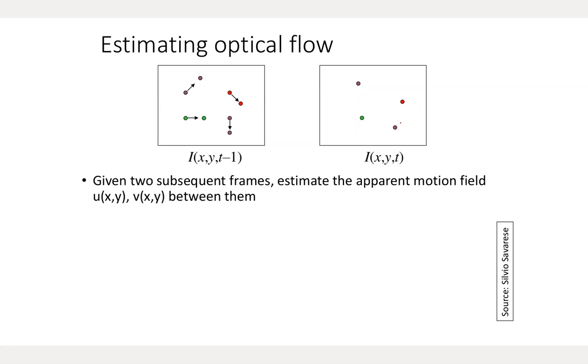Now for the consecutive frames, I'm going to build this kind of motion field, or apparent motion field. As I mentioned, that's the best we can do anyway. This motion field will have a U and V component. For example, at this point, if this is X and Y here, then U V at X Y will basically be this arrow here.